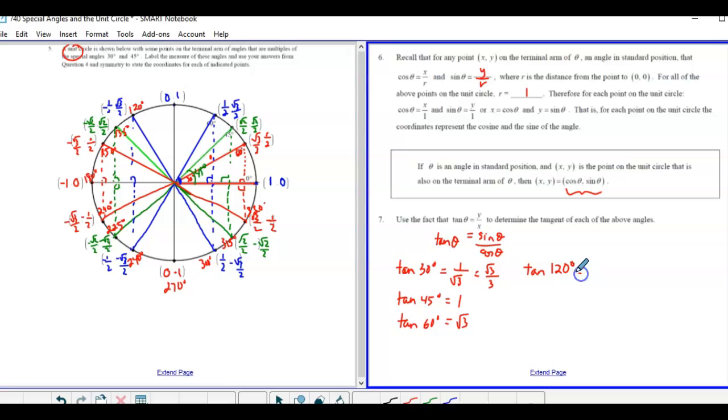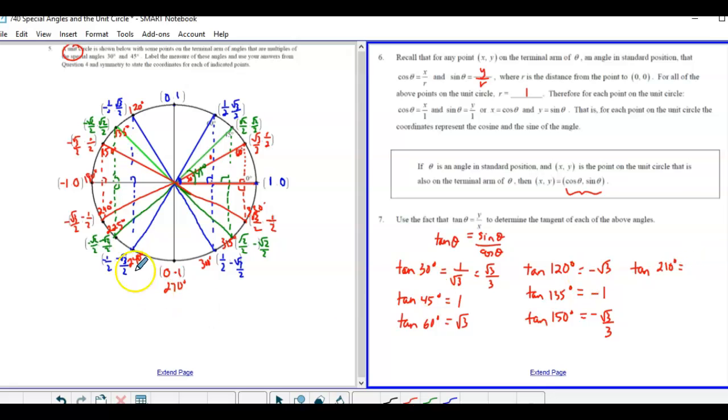Okay, so tan of 120 is basically the same as tan of 60 except with the opposite sign, so that's going to be negative root 3. Then tan of 135 is the same as tan of 45 except negative. Tan of 150 is the same as tan of 30 except negative. And then in the next quadrant we have tan of 210.